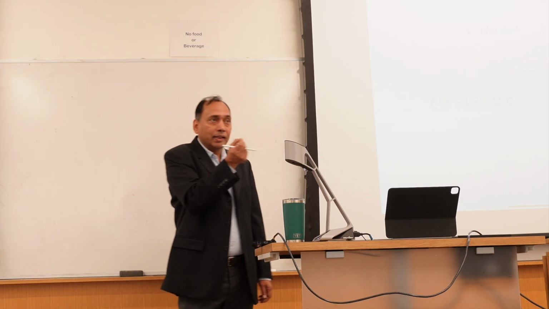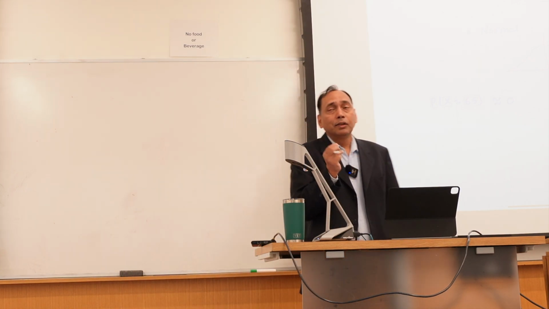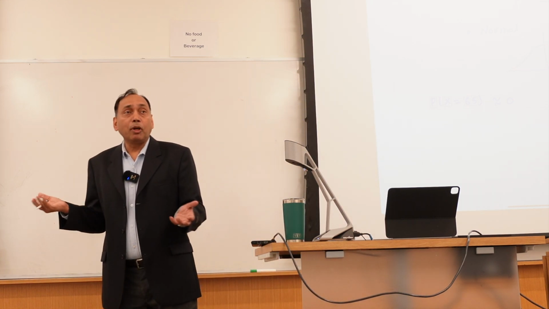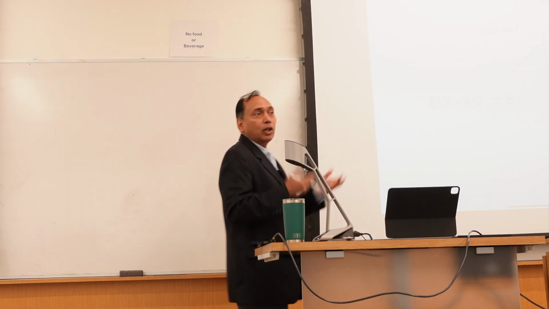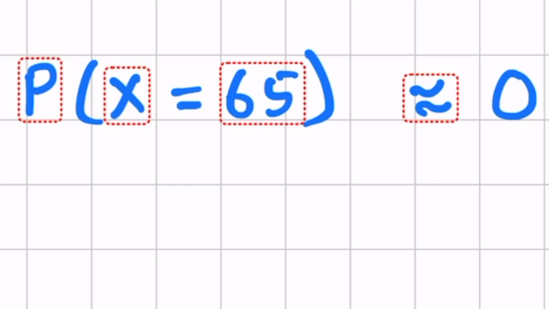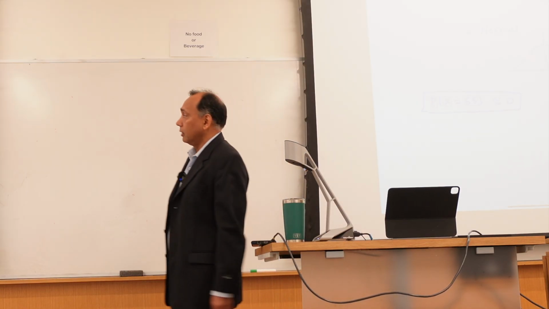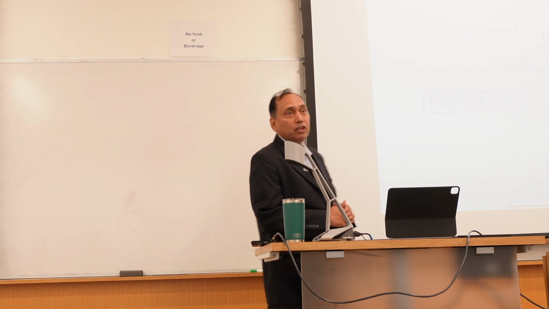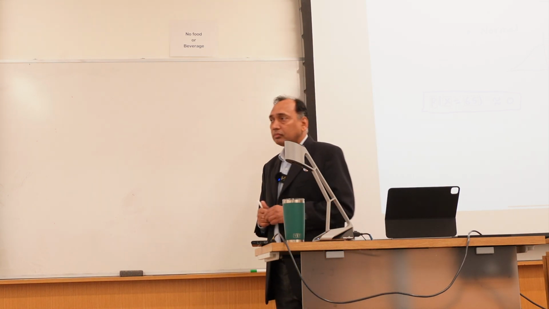And if you start attaching even a very, very small probability to each one of them, the total probability is only 1. You cannot go beyond 1. That's why at any single value, the probability is 0 for continuous random variables, because theoretically you have an infinite number of values between any 2 points.